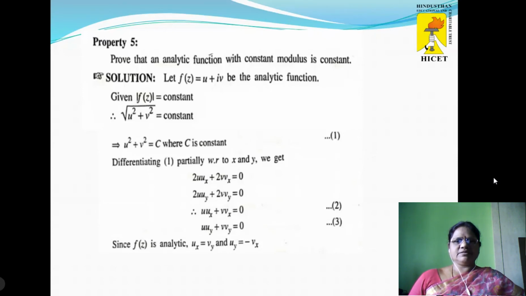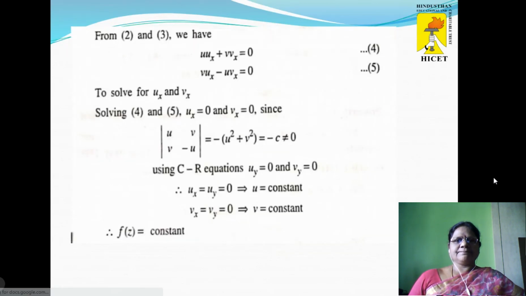Differentiating equation 1 partially with respect to x and y, we get the equations u into ux plus v into vx equal to 0 and u into uy plus v into vy equal to 0. Since f of z is analytic, it satisfies CR equations: ux equal to vy and uy equal to minus vx.